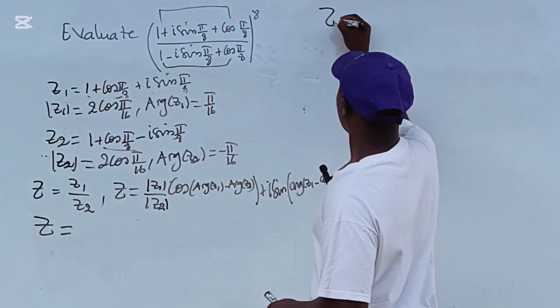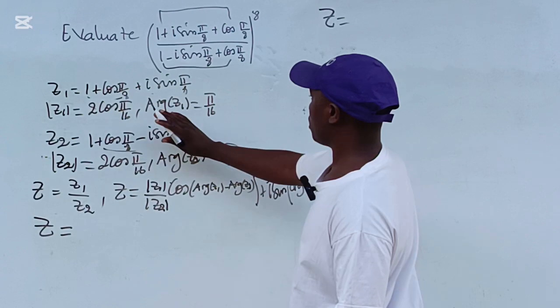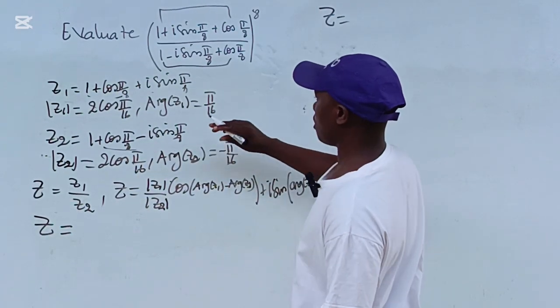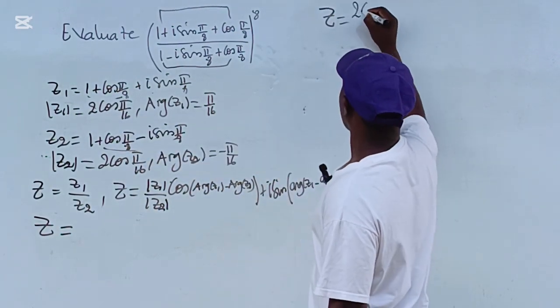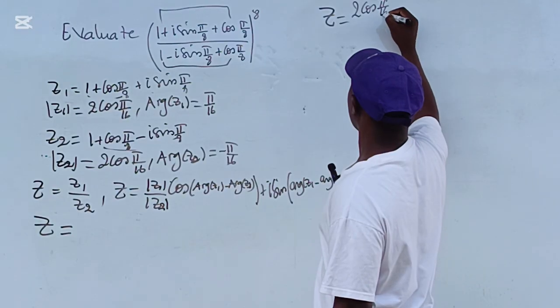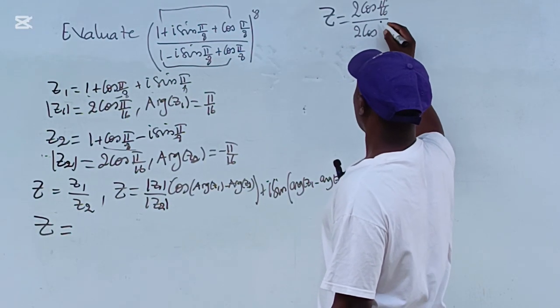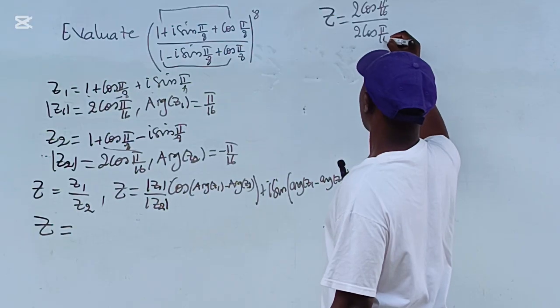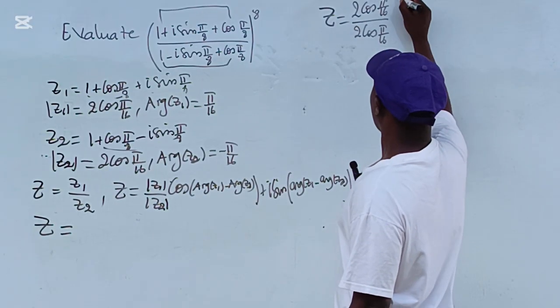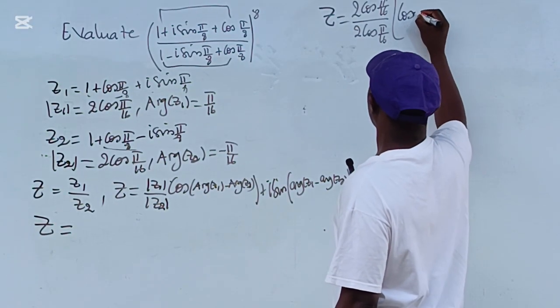Okay, this is created. Let me write it here. Here z will be the modulus of z1, which is 2 times cosine pi by 16, over the modulus of z2, which is the same, 2 times cosine pi by 16. You know, this gives 1 into cosine.